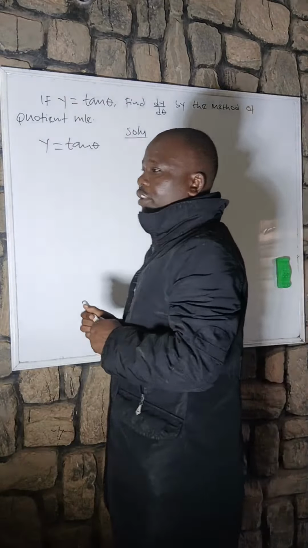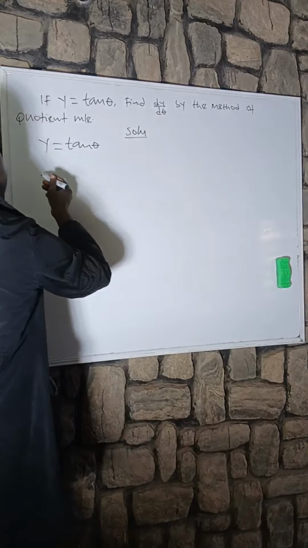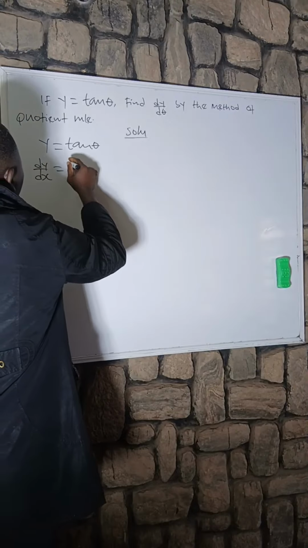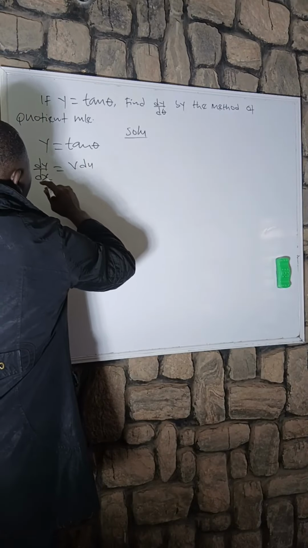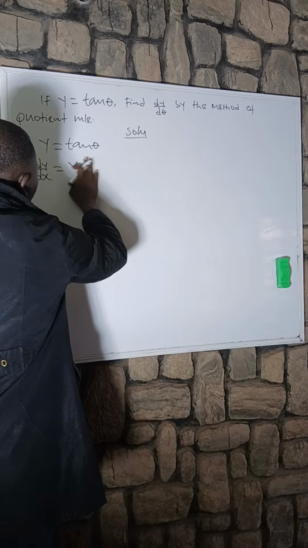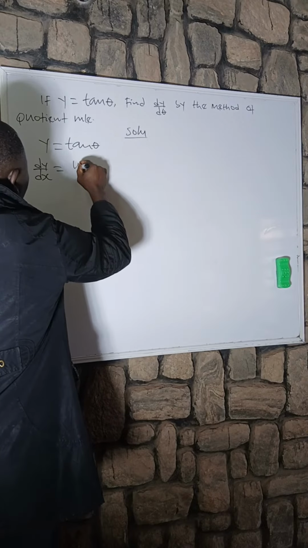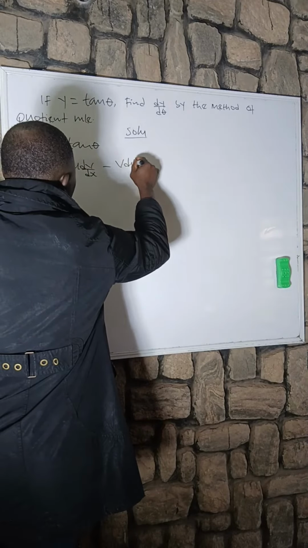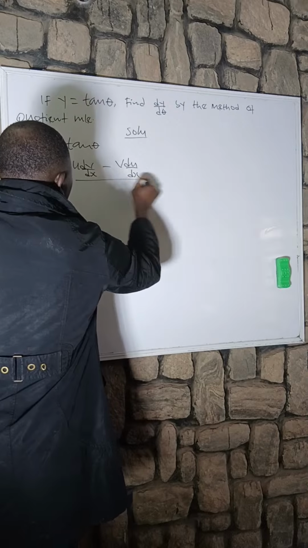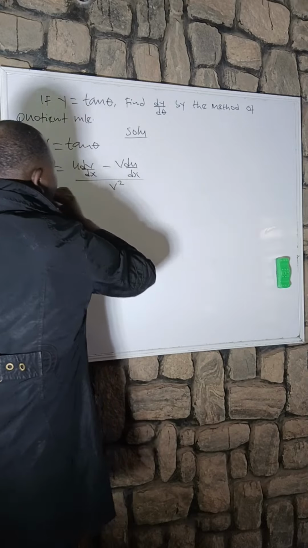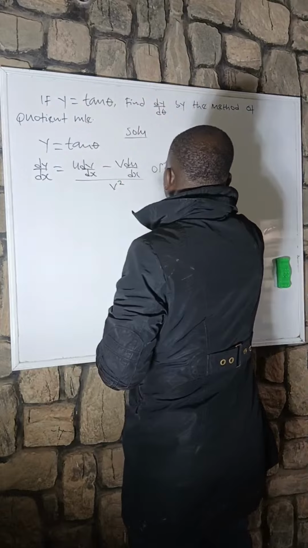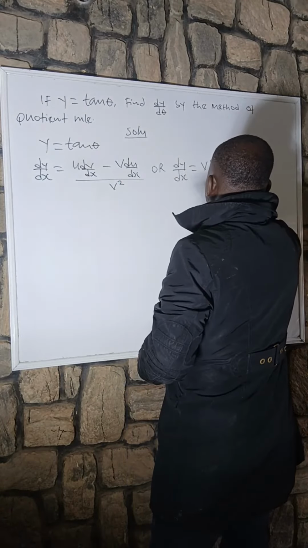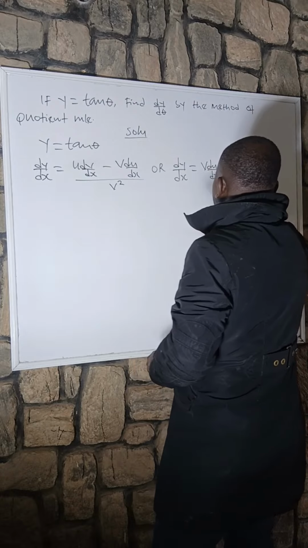So the quotient rule formula is dy all over dx equals either u dv all over dx minus v du all over dx, all over v square, or dy all over dx is v du all over dx minus u dv all over dx all over v square.